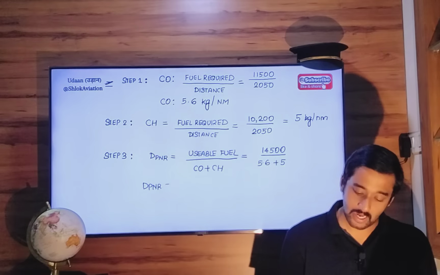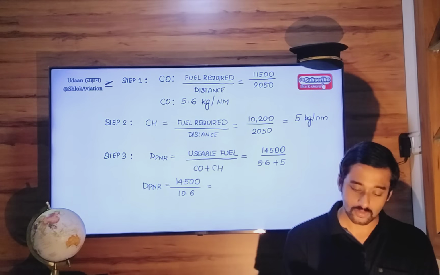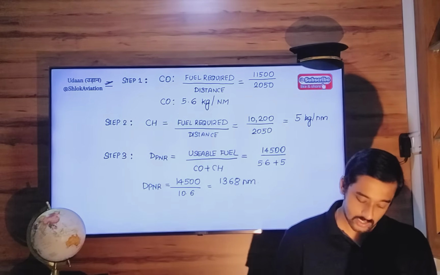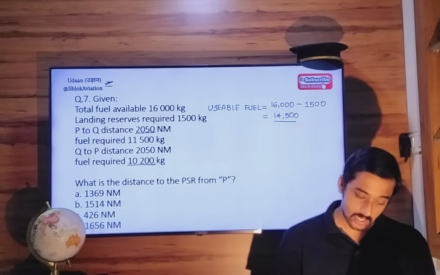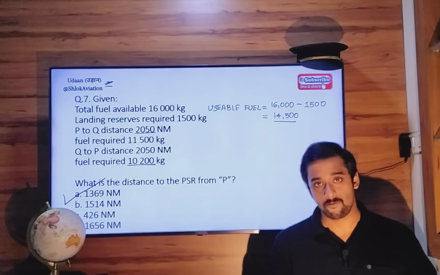So distance to PNR is 14,500 divided by 10.6, which is 1368 nautical miles. So the closest option here is option Alpha. Simple.